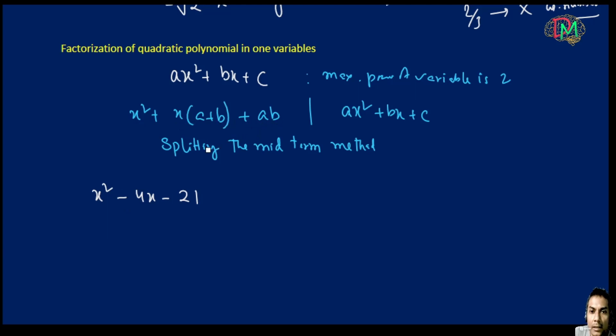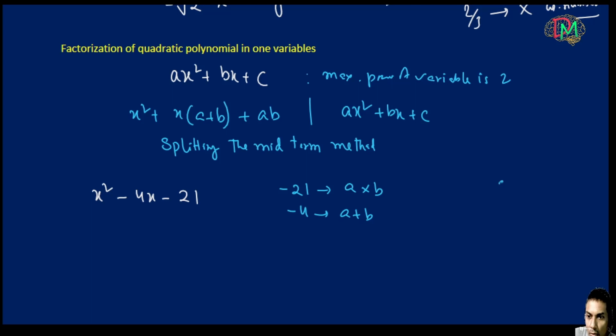So how can we do that? We have to write this minus 4 as a plus b and minus 21 as ab. So minus 21 we have to write as a into b, and minus 4 as a plus b. So you have to split this minus 4 into two parts.